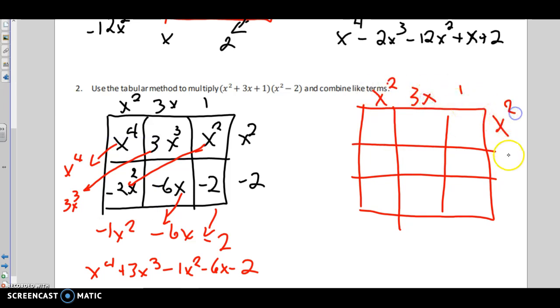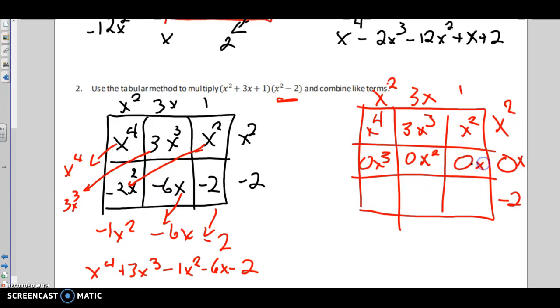By adding in a placeholder of 0x, because there's no x in that second polynomial. It's just x squared minus 2. So now when I multiply it out, I include my zeros.